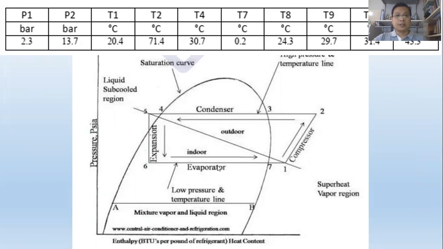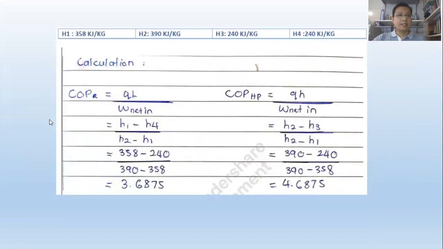Then we can calculate the COPR and COPHP from the formula. As we know, the formula involves the enthalpy, so we should find the enthalpy. How to define the enthalpy? The enthalpy should be determined for the refrigerant type.